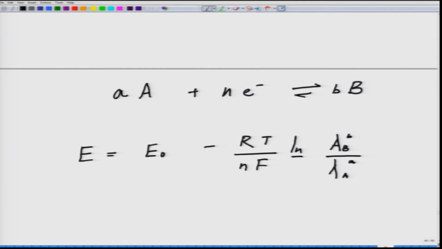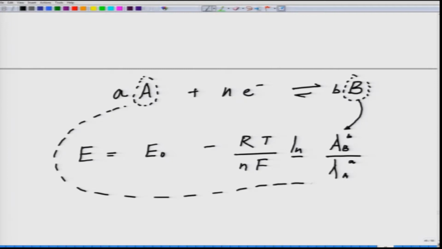So, essentially what I am talking about is the reactant, so the product A and, okay. And this is your number of electrons, what is being shown here.